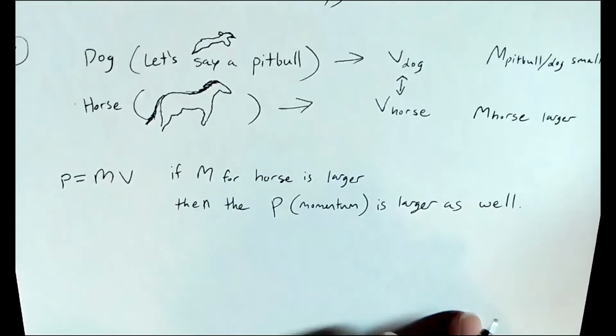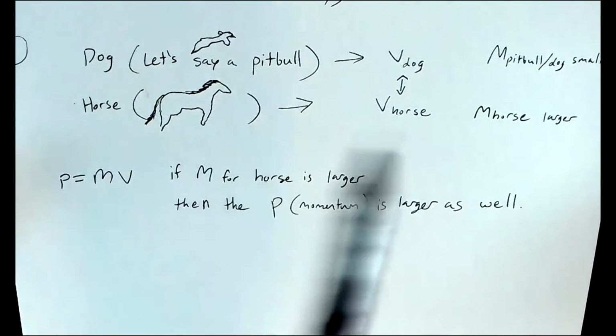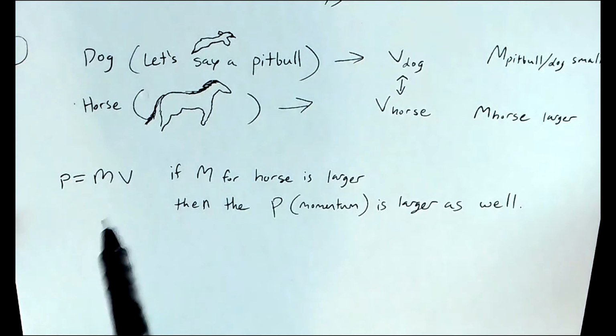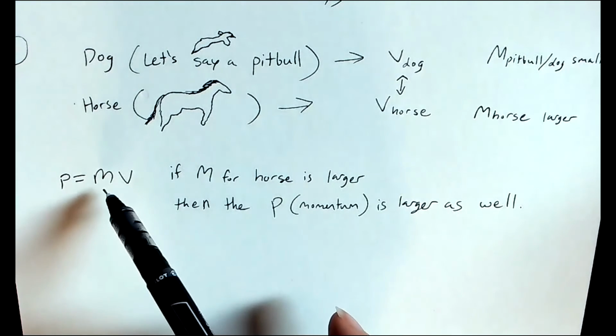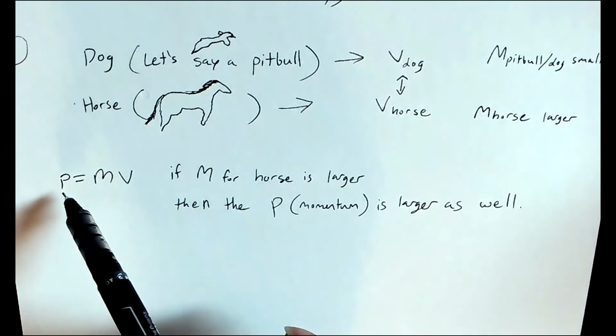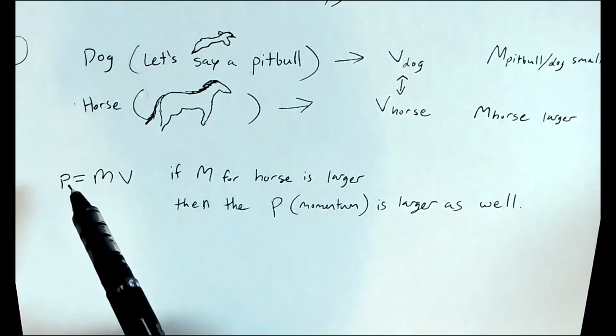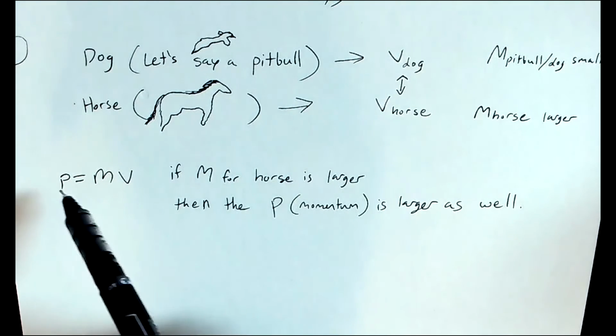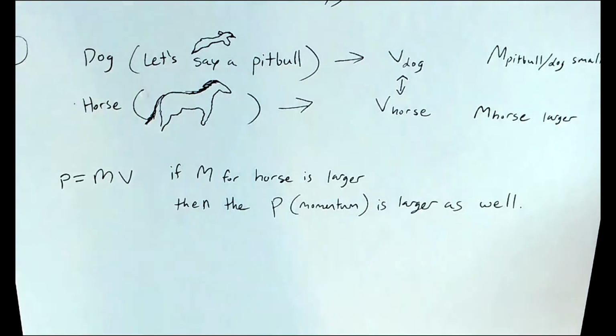Does that make sense? So even if things are going at the same speed, that horse has more oomph, more momentum, because the dog is a lot smaller compared to a horse.